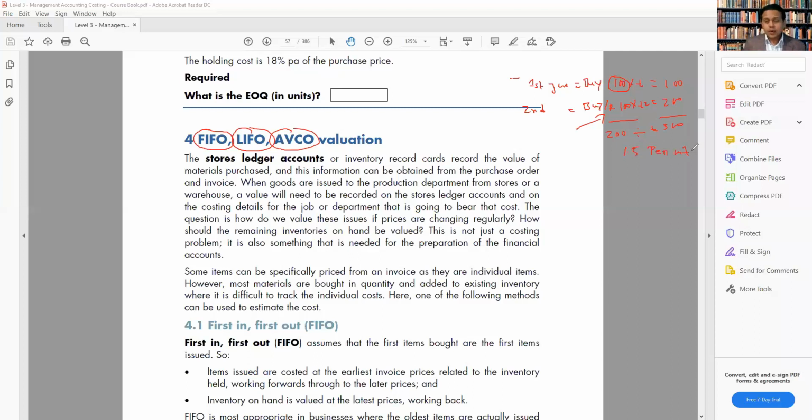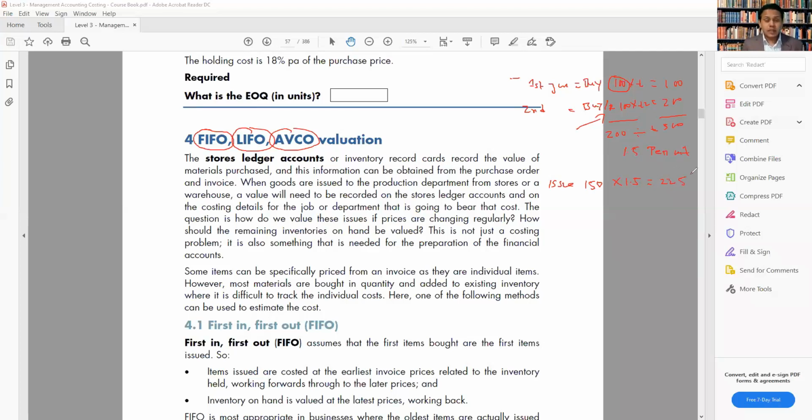Now let's say I want to issue 150 units, so issue 150 units, that will be multiplied by 1.5. So that will be how much? 1.5 times 150, that's 225.